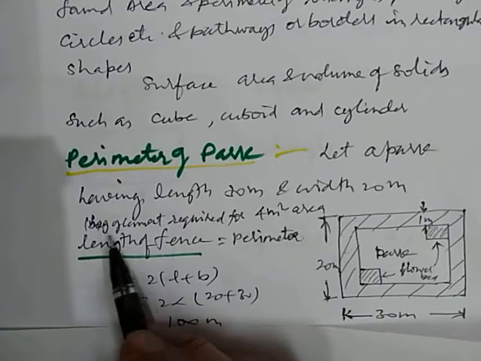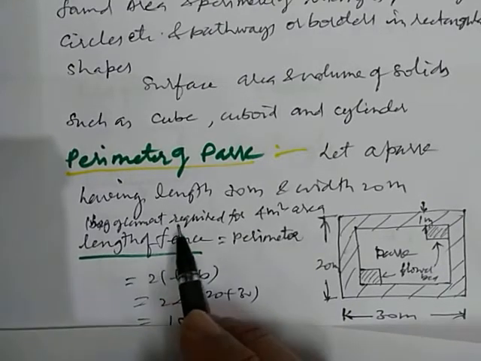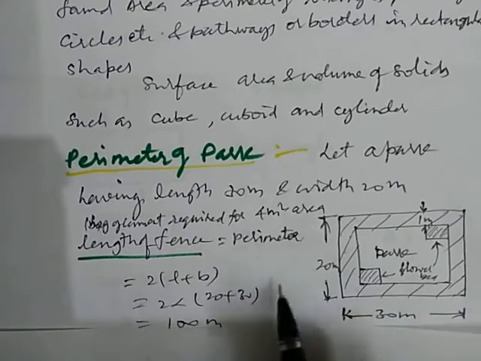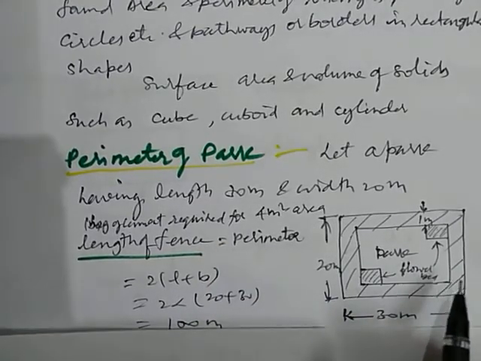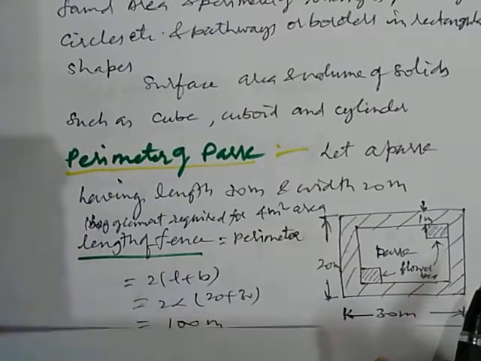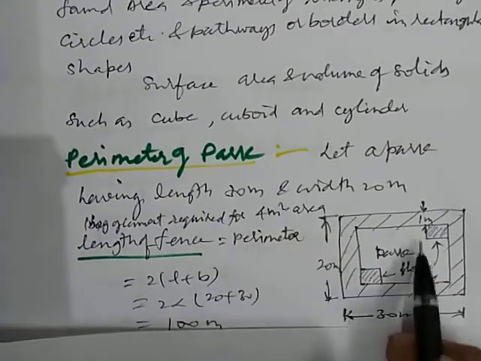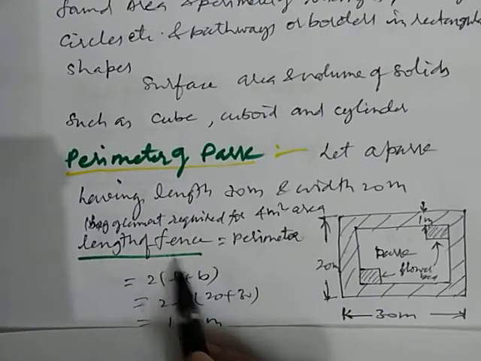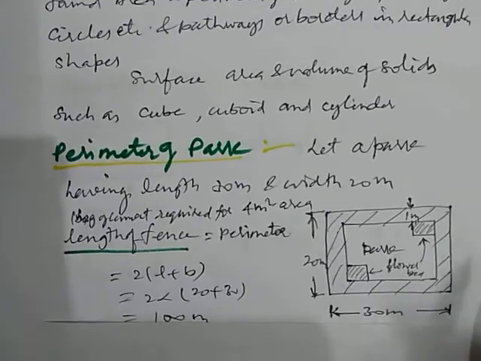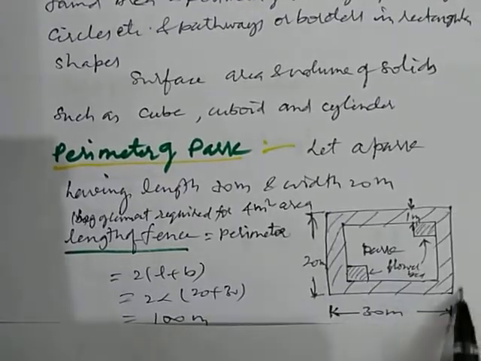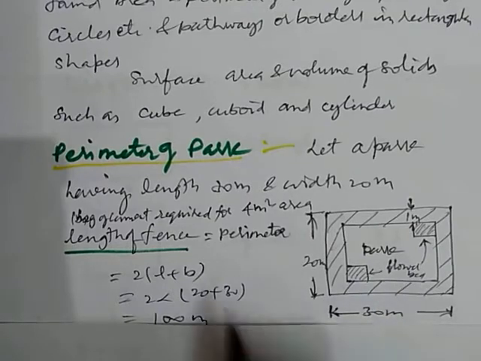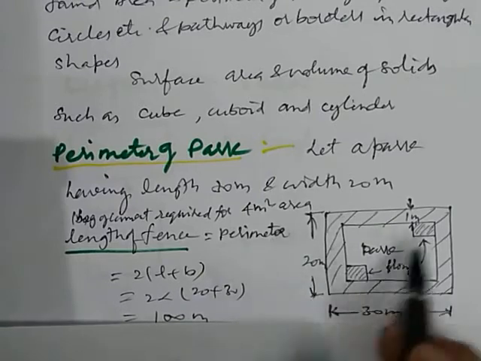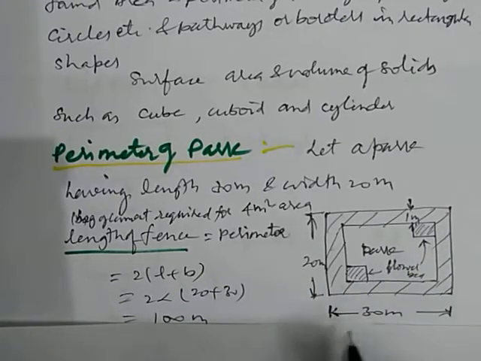Now we have to calculate something. It is given that 1 bag of cement is required for 4 meter square area, to make it cemented. Now, length of fence. If we want to fence around this park, then length of fence equals perimeter of this rectangular park.